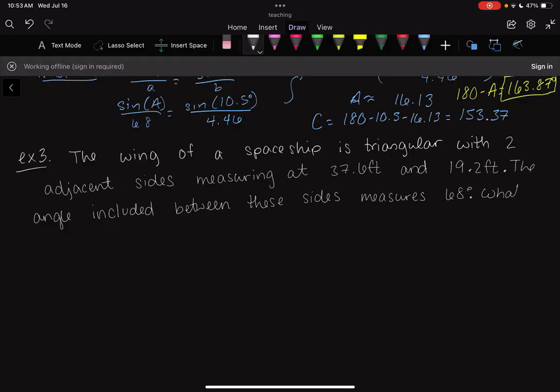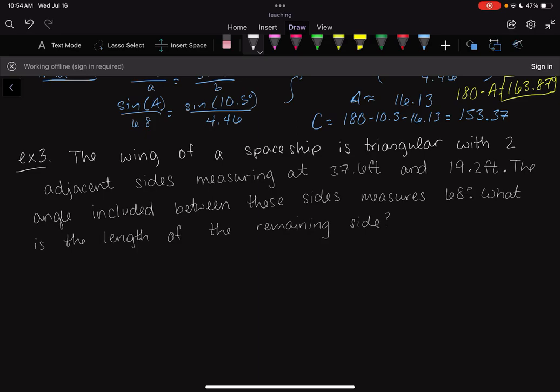What is the length of the remaining side? Okay, go ahead and pause and write that down.